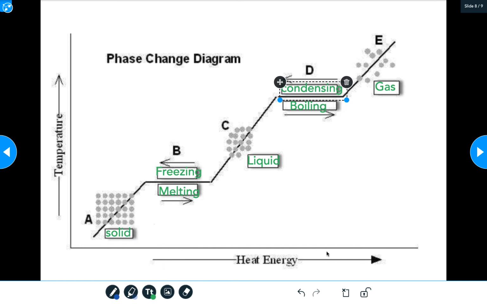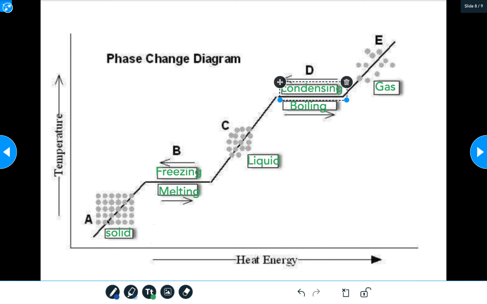So there you go. It's the phase change diagram. One thing I want you to note, so you see you have the temperature here on the y-axis and energy, heat energy, on the x-axis along the bottom. So as temperature goes up, we should be changing phases, right?